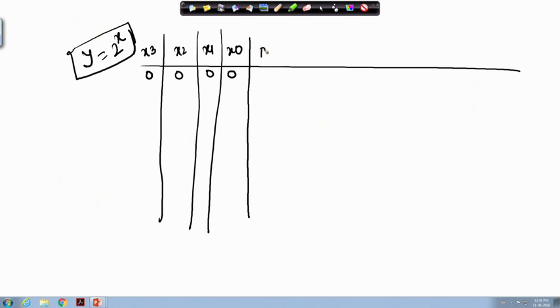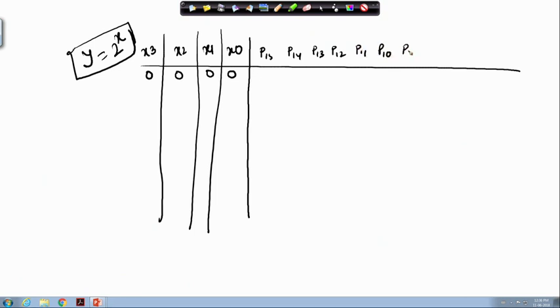Let us consider the outputs P15, P14, P13, P12, P11, P10, P9, P8, P7 up to P1 and P0.